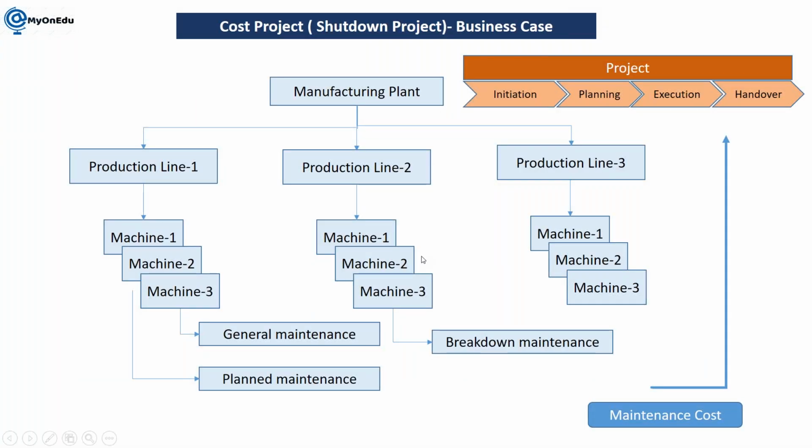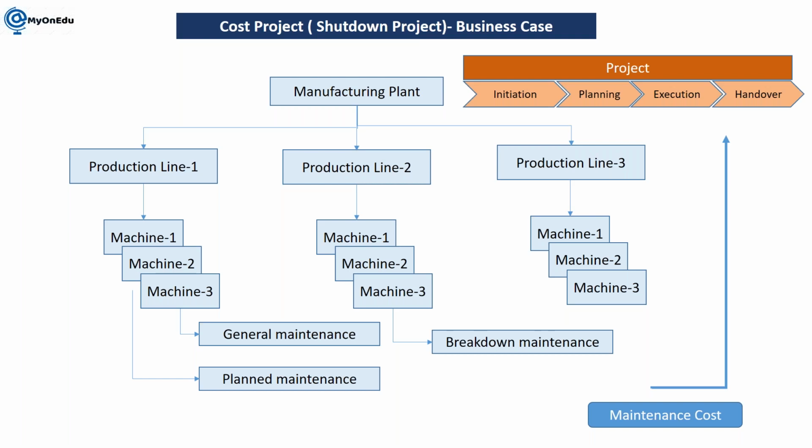Okay, so this is the third scenario, the cost project or overhead project. Here I have taken a different example. It's not exactly like education or any NGO kind of work, but this is an example widely used in manufacturing industries.